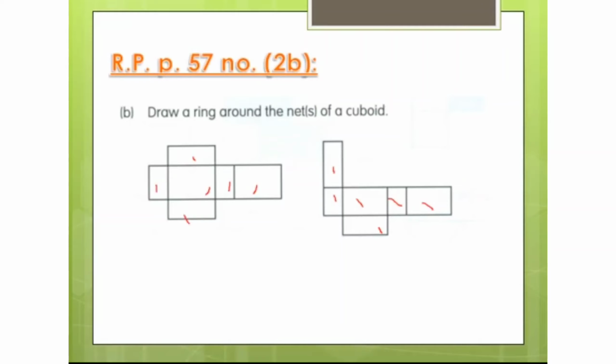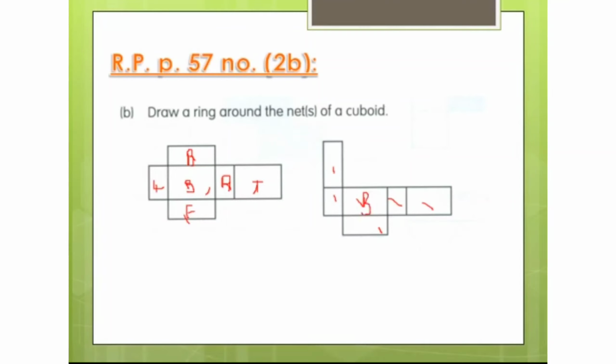Let's imagine this is the bottom or the base. And this is the right side, left side, back, front, and this is the top. Yes, it can be closed to form a 3D shape, which is the cuboid. Let's try this.